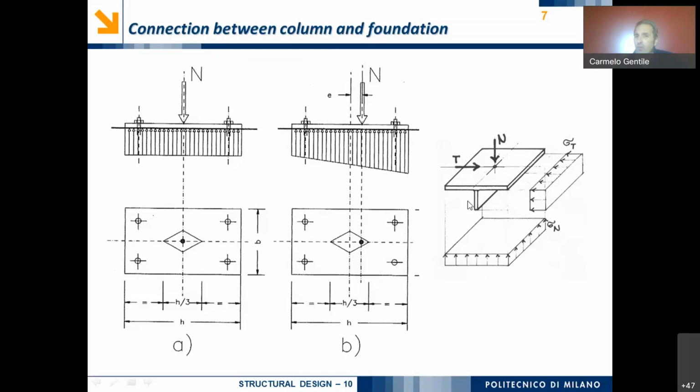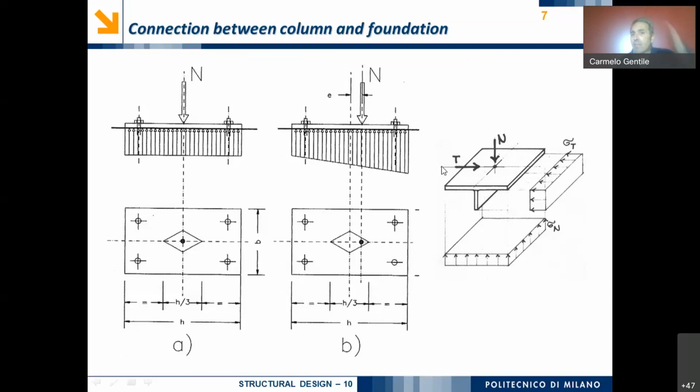Otherwise, it is possible to have a welded plate in this position, and then we can use the contact between the concrete and this plate in order to transfer the shear force to the concrete block.